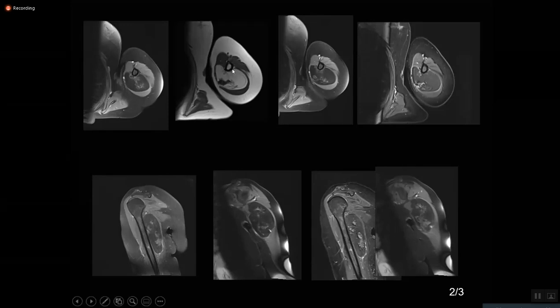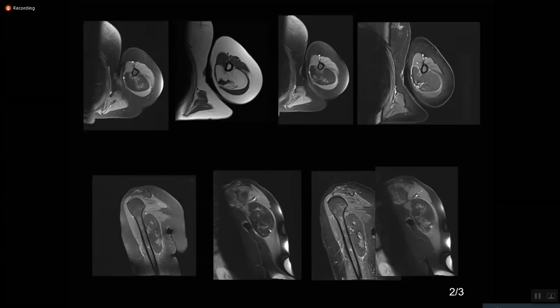T1? Yeah. This, and then pre-contrast and post-contrast sequences are here. Okay, so just reviewing those sequences, there's an ovoid lesion located primarily posteromedial to the humerus.